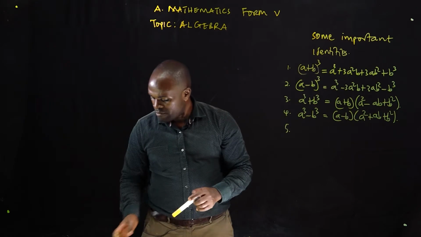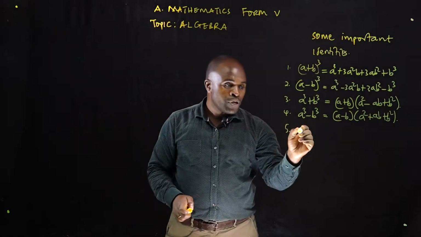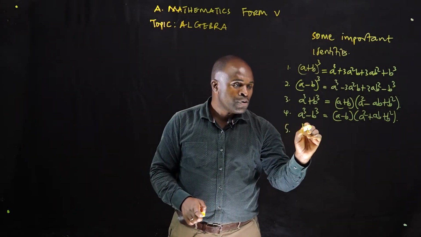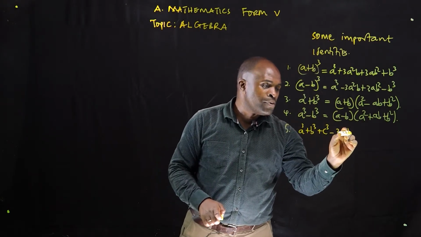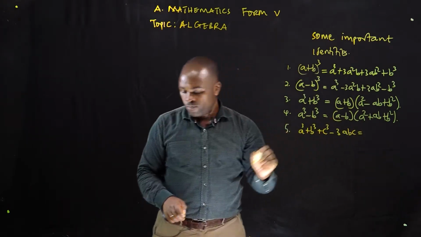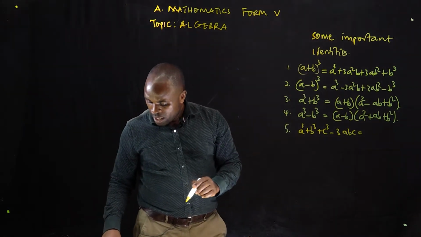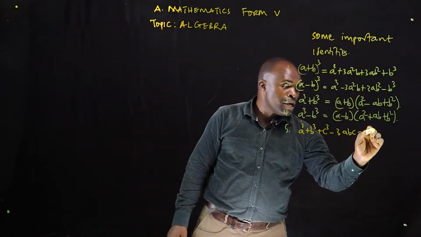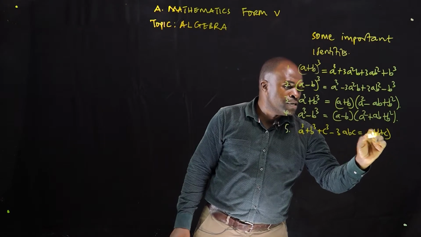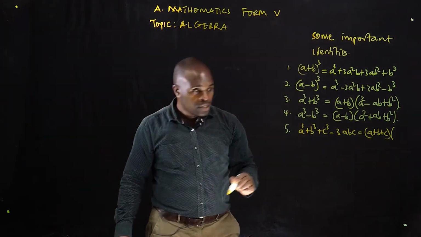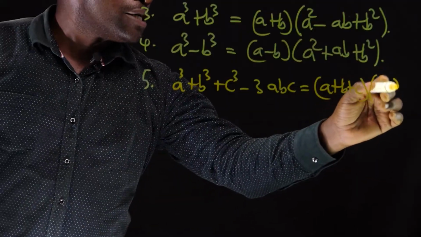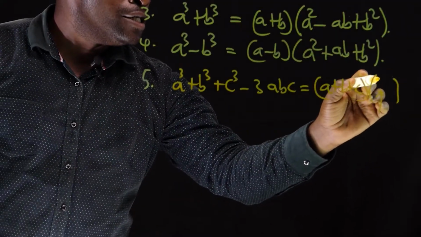We say a cube plus b cube plus c cube minus 3abc equals, this one is giving us a plus b plus c, open bracket, and let's call the bracket in this part d.